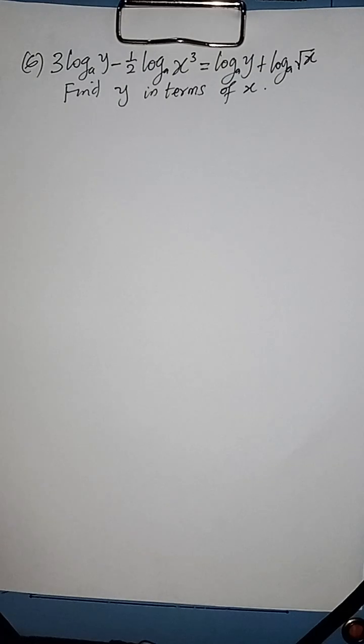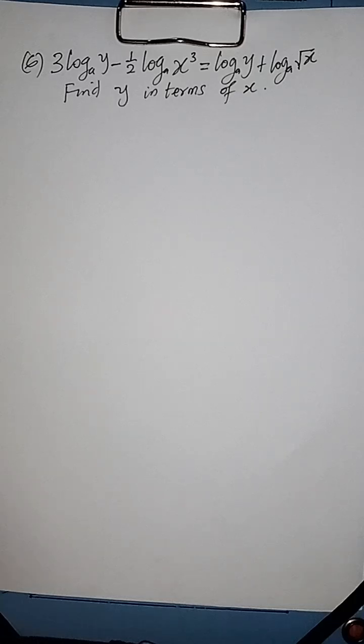Now let's look at number 6. You're asked to find y in terms of x in the equation 3 log y minus half log x raised to power 3 equals log y plus log square root x. So what do you do in this case? When you see questions like this, you think they are very difficult, but they are not. First thing first, you could decide to take the y to one side and the x to one side.